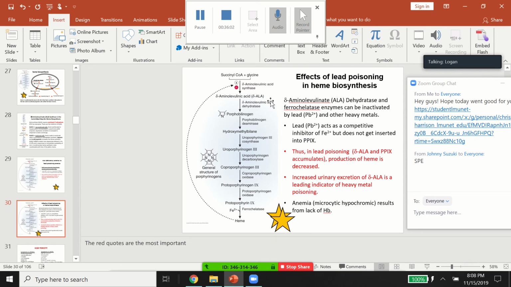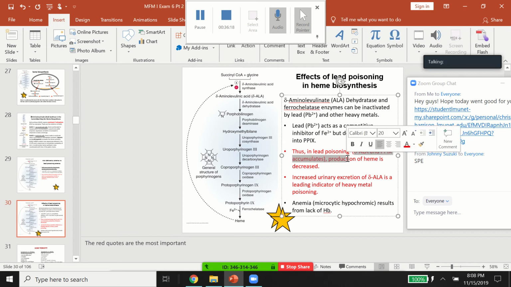So if that dehydratase no longer functions well, then you're going to have accumulation of this ALA. And also, if your chelase goes down, then you'll have accumulation of this protoporphyrin 9. So that's what this is referring to here. Therefore, if they don't function, then you can't form heme, and you'll have that accumulation like I've already mentioned.